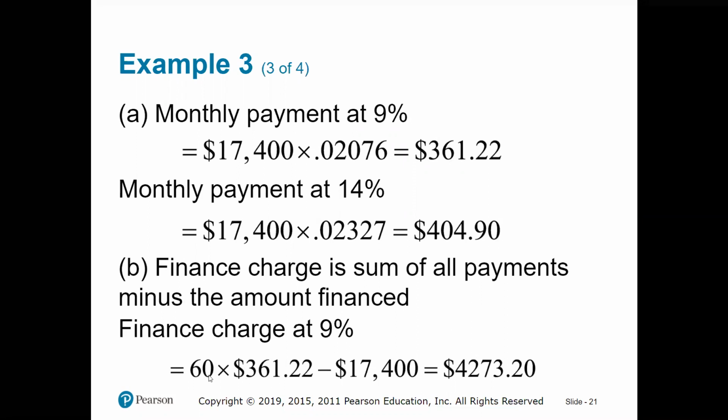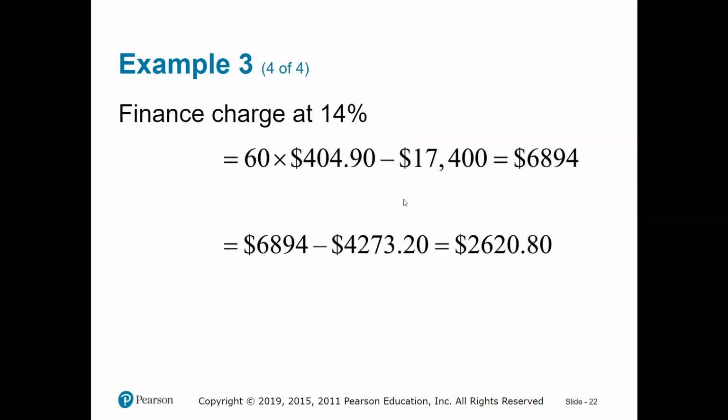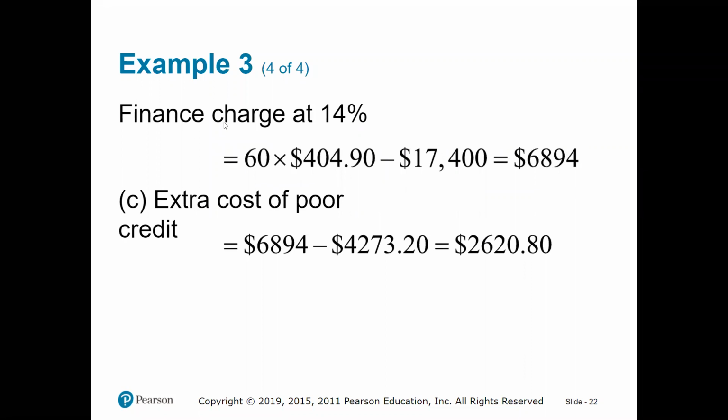Finance charge is the sum of all payments minus the amount financed. So take 60 times your $361.22 minus the amount being financed, and you would have $4,273.20 at the lower amount. Here's the finance charge at the higher amount.